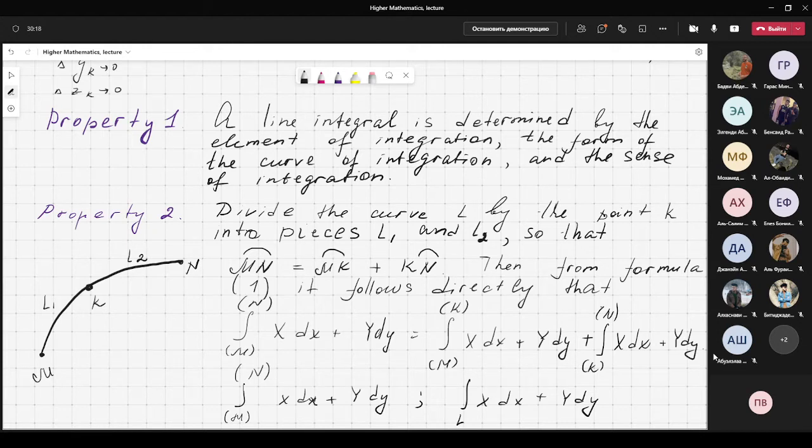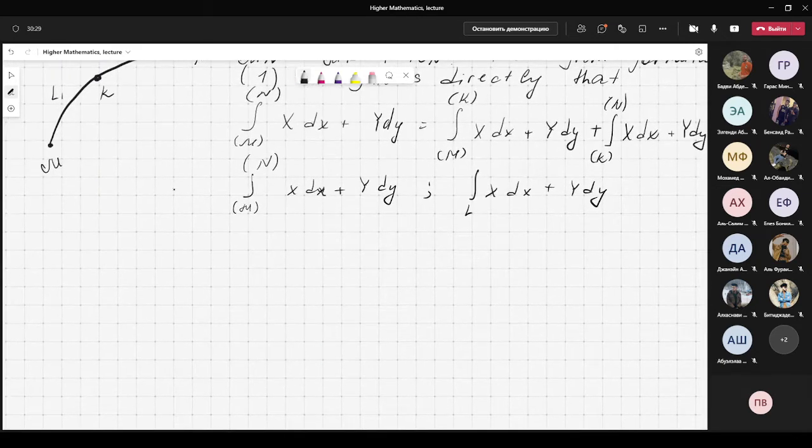The line integral over a closed contour L is frequently denoted also by the symbol of the integral over a closed contour L of X dx plus Y dy.